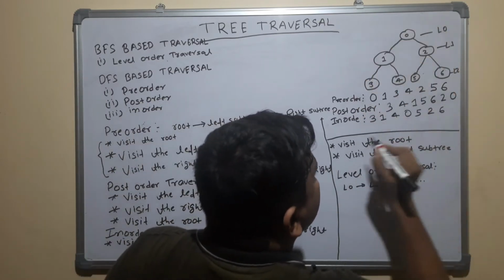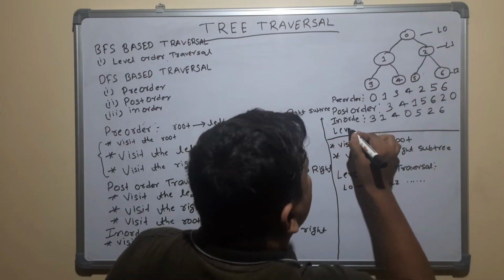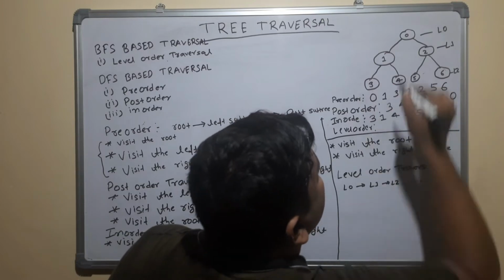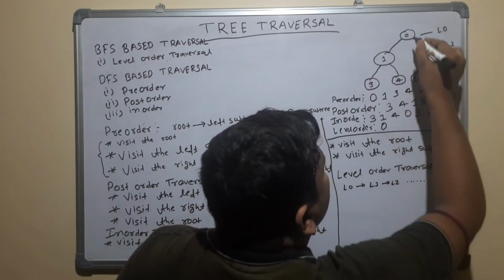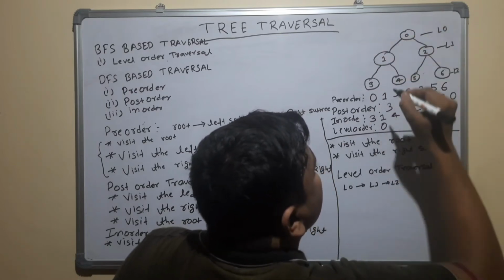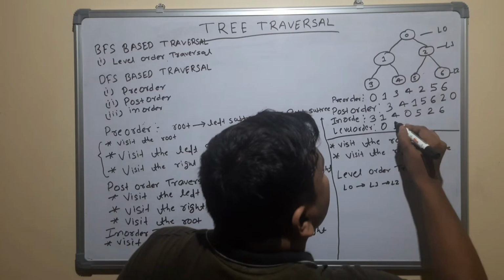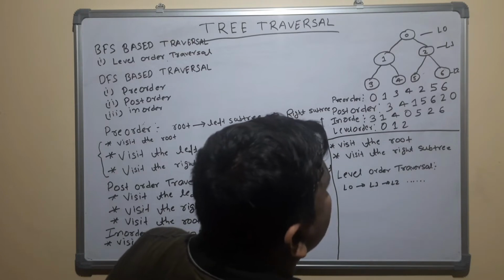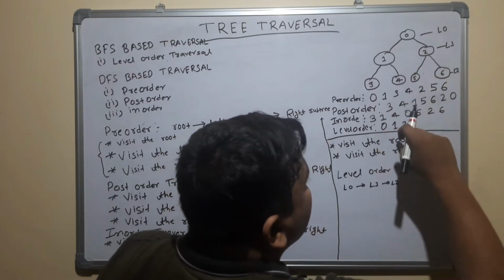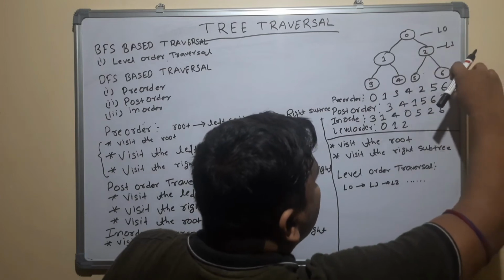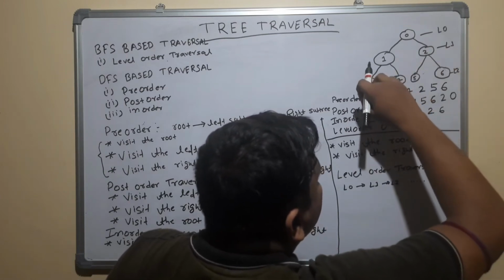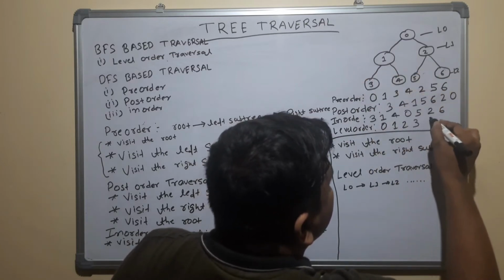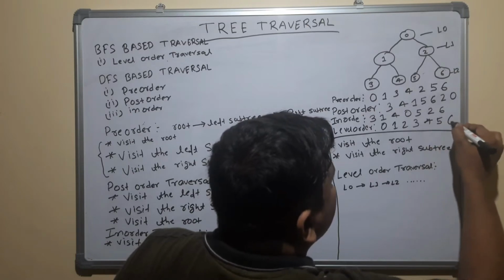First the root node will be processed, that is level 0. Then it will process level 1. Level 1 we will start from the left side, not from the right side. When L1 is completed, we will come to L2, and there we process from the left side. So it will process 3, 4, 5, 6.